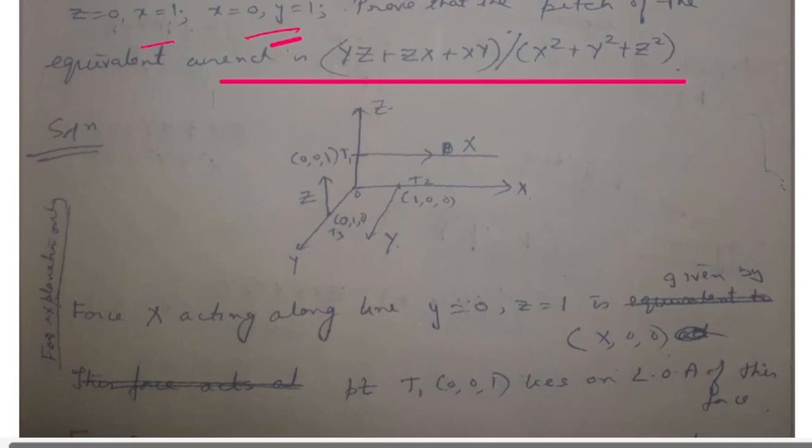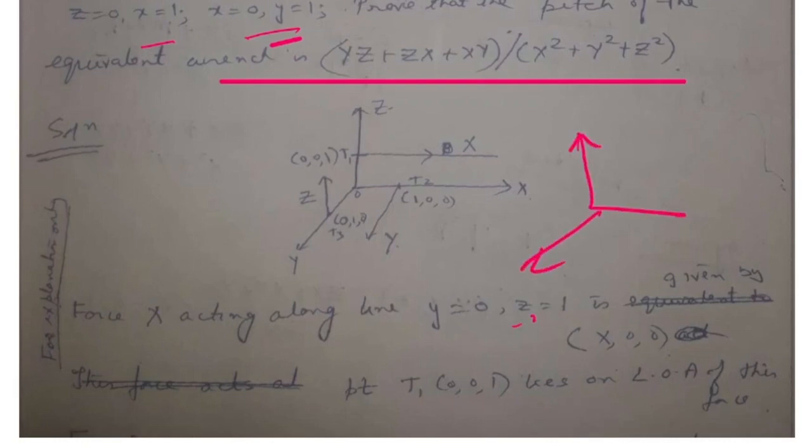Let me draw this figure irrespective of whatever I have drawn till now. Let me draw the axes and concentrate on just this line. Y equals 0, z equals 1, so z is 1. Suppose this is the point 0, 0, 1; this line is z equals 1, and y equals 0.